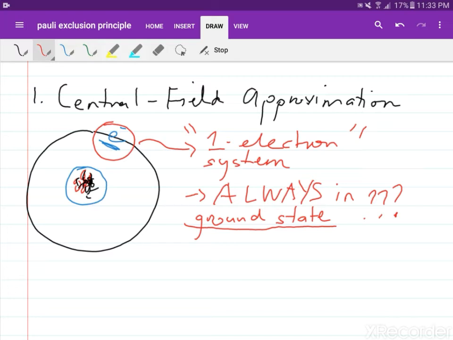Okay, so what if we add another electron, or we put in more electrons, and we transition to a higher element in our periodic table? All electrons that we add into this central field approximation model will have all their electrons in the ground state.